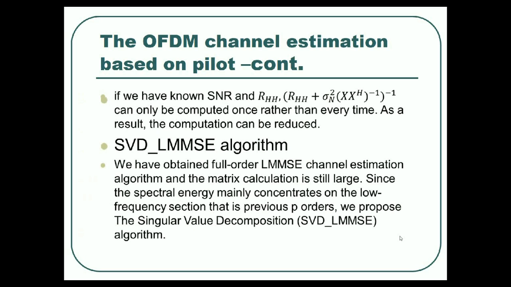If we know the SNR, R_NN and R_HH, this formula can be calculated just once rather than every time. So the computation can be reduced. And we have obtained the full-order LMMSE channel estimation algorithm and the matrix calculation. However, the matrix calculation is still large.